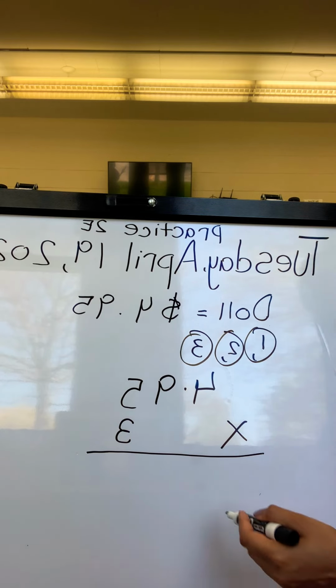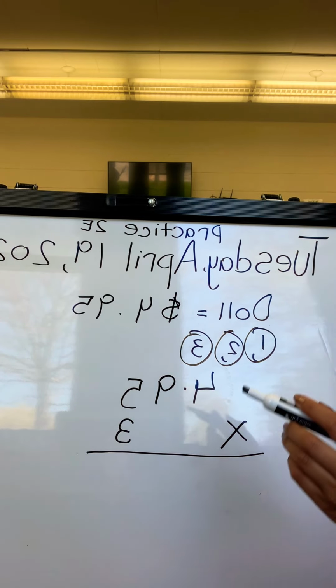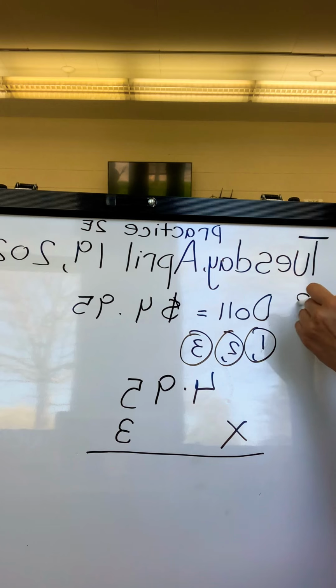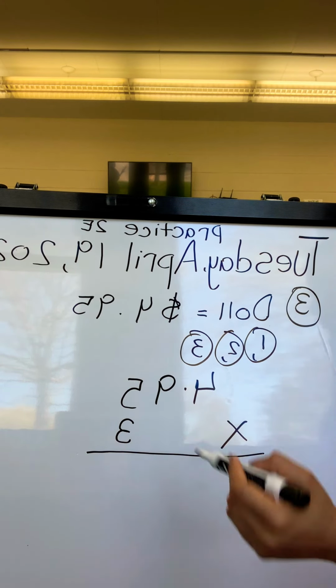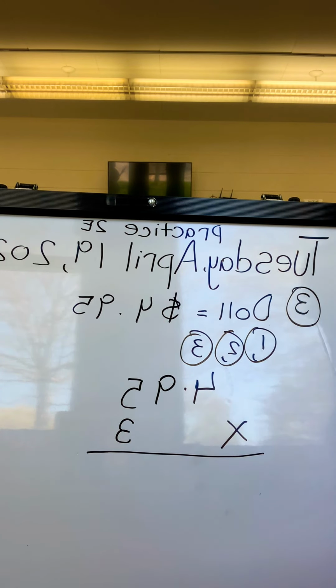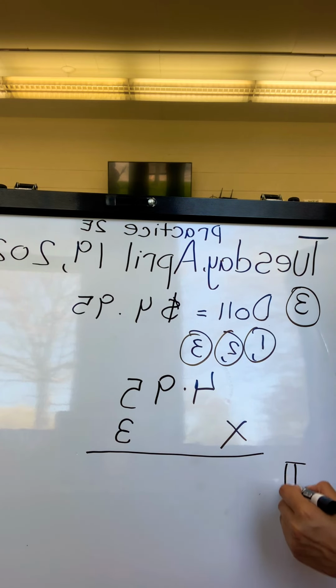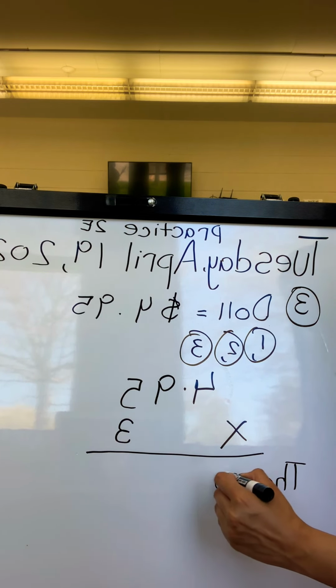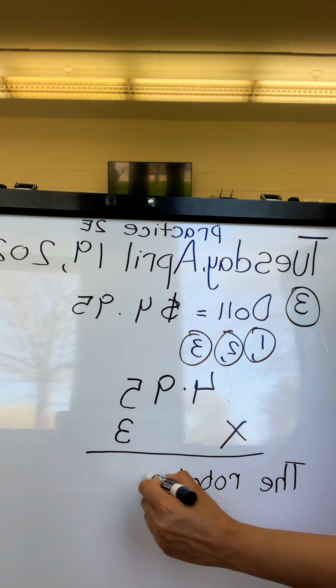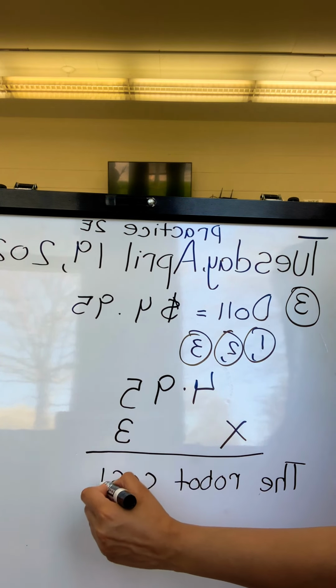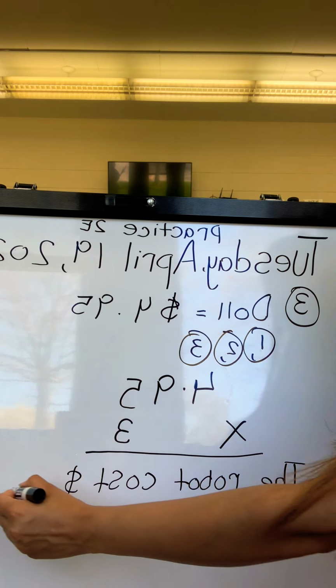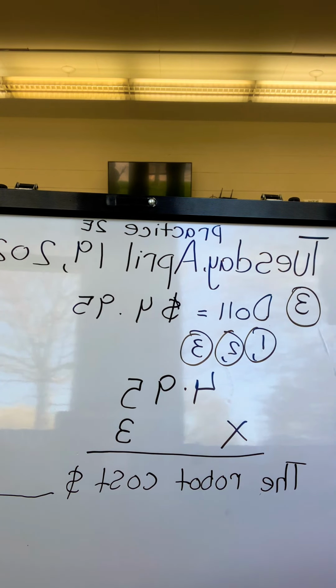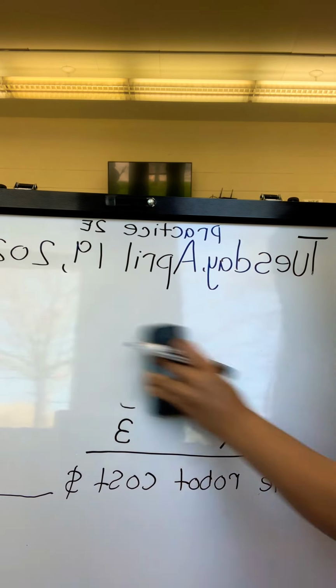Now, once you get your answer, grade 4, remember that you need to go and check your answer from the answer key. And remember to write your sentence. So that would be the robot costs dollar something, right? Whatever you find out. Okay, that's our question 3. Let's move to question 4.